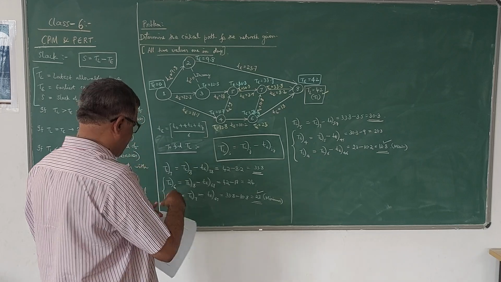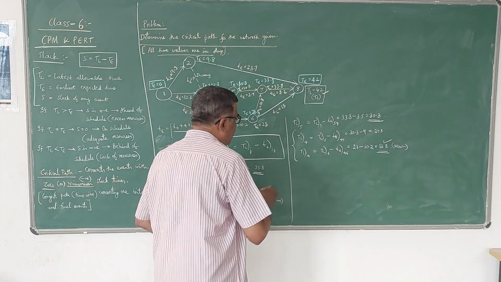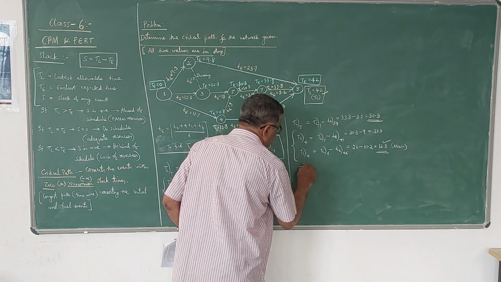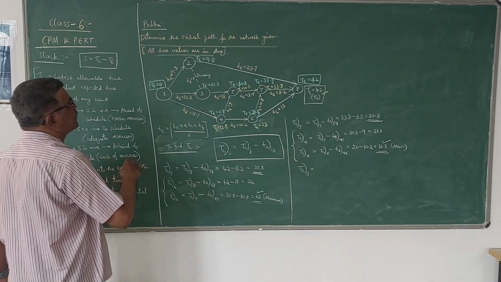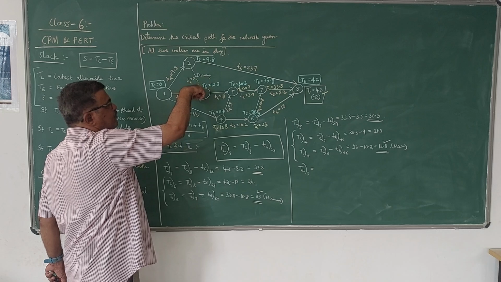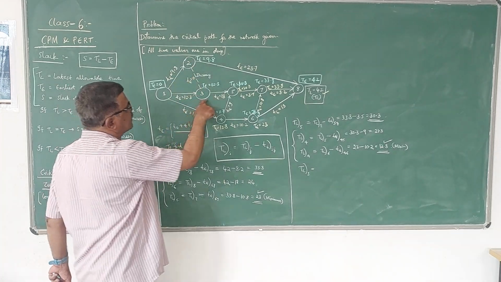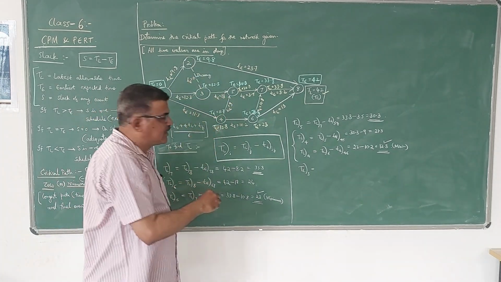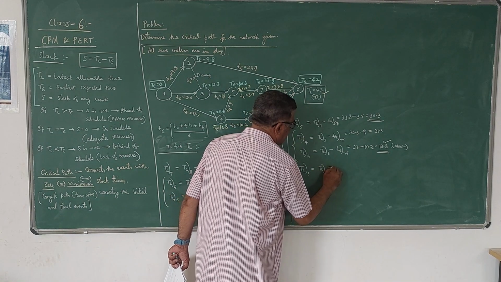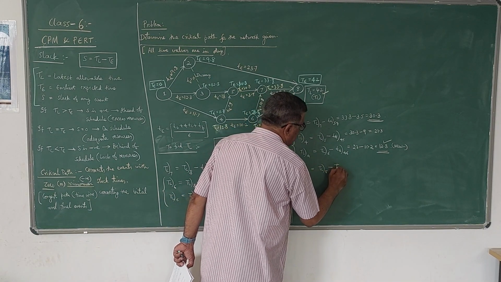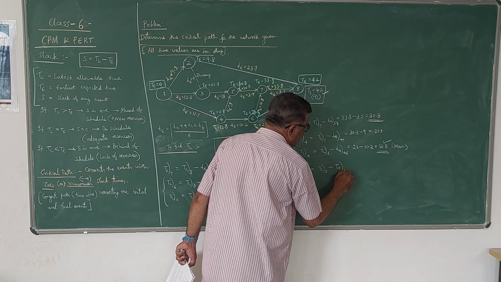Next, TL3. How many arrows are going from 3? One. So this is a dummy, 3, 5. So TL5 minus small TE 3, 5.